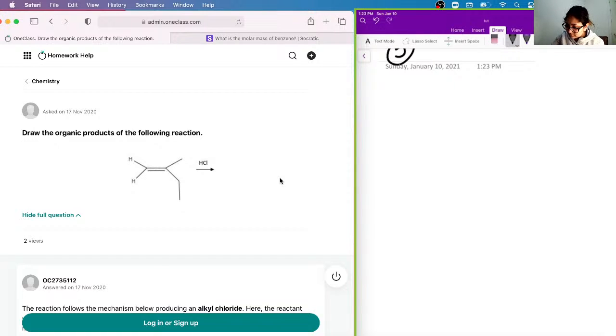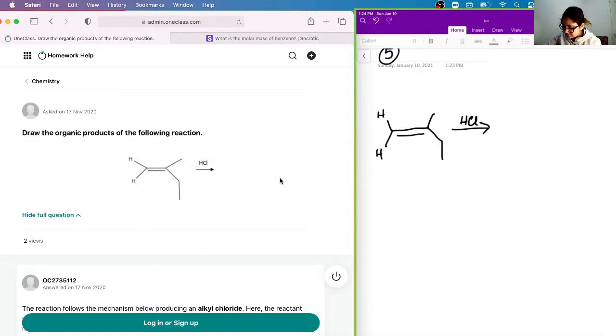So this reacts with HCl, and the mechanism is one that produces an alkyl chloride, where the reactant undergoes an electrophilic addition with HCl.